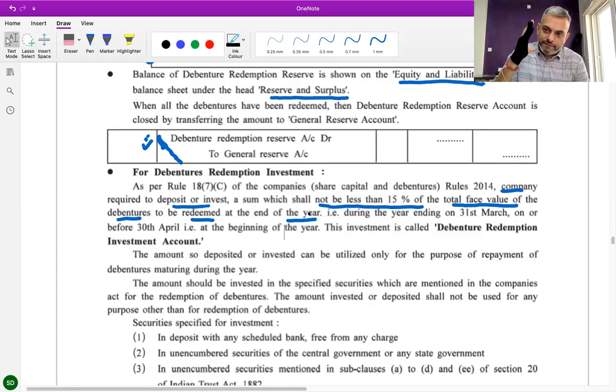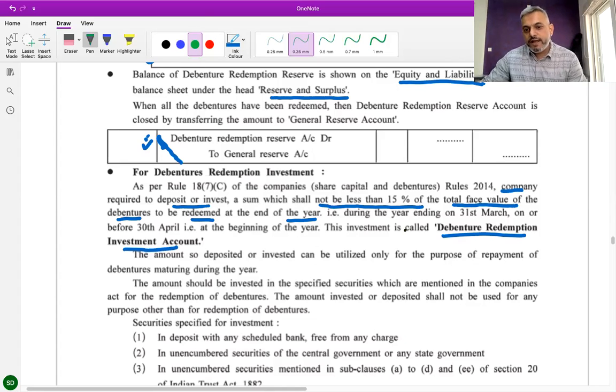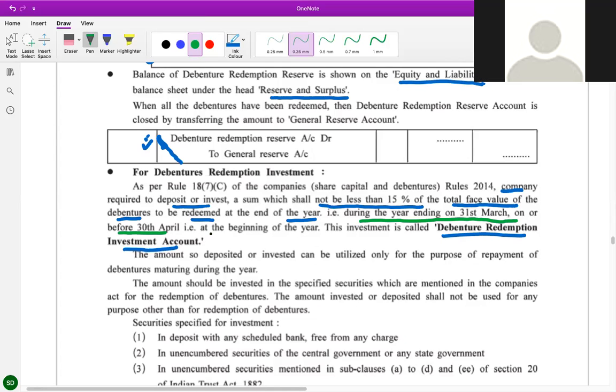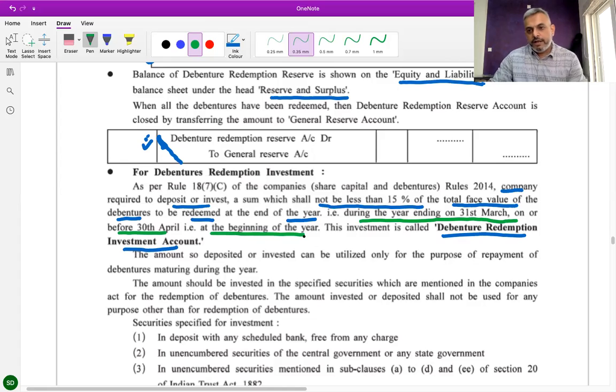So, for example, if you have to redeem 10 lakh, then minimum 15%, that is 1 lakh 50,000, you have to invest. And for this we use the account which is known as debenture redemption investment account. But the important point over here is when should we invest? It should be invested during the year ending on 31st March on or before 30th April, that is the beginning of the year in which the redemption is going to take place.